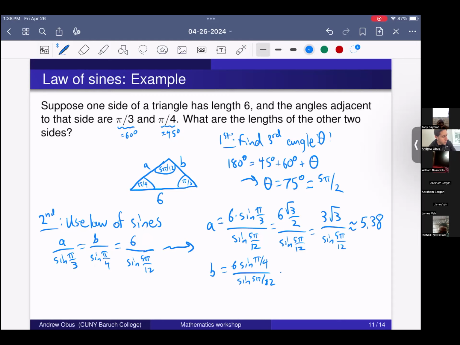Sine pi over 4, which is 45 degrees, is root 2 over 2. So 6 root 2 over 2 divided by sine 5 pi over 12, which is equal to 3 square root of 2 over sine 5 pi over 12. And this is roughly equal to about 4.39.